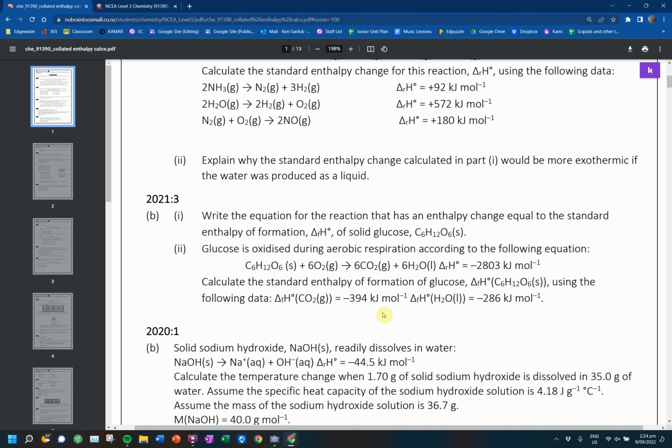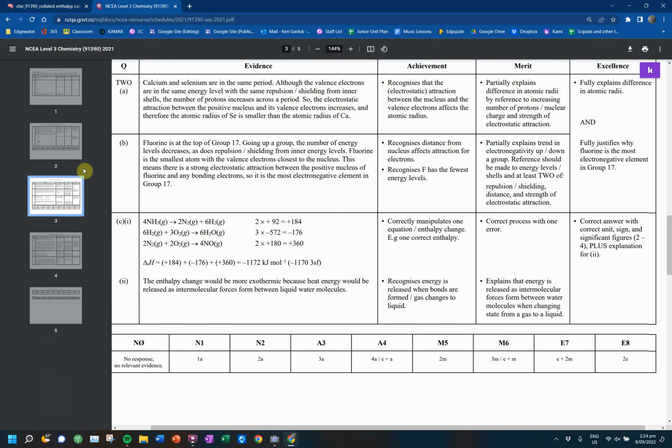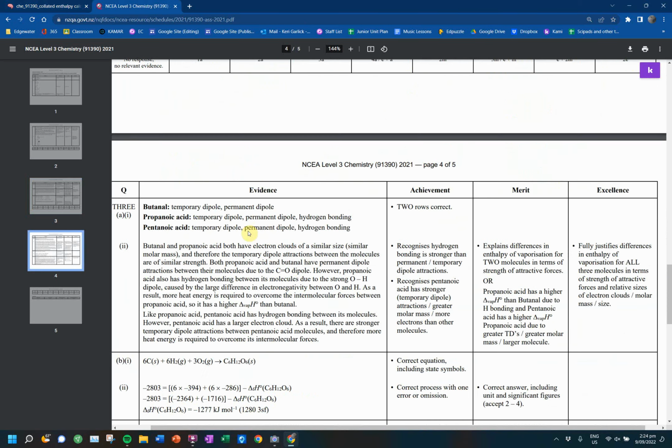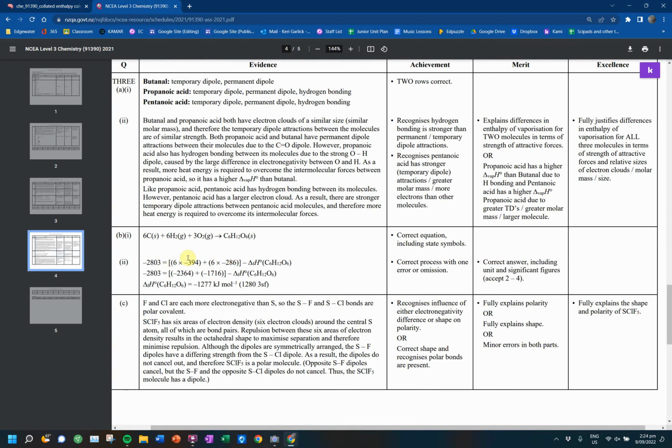So you could use that shortcut for this one here if you wanted to. And if we're looking at the marking schedule, you see how they have done the shorthand version here too. So they've just put in what's reactant, what's product, and they put in how many times you're multiplying it by. You don't need to worry about switching signs or anything because it's already built in with the way the equation's set up. So don't worry about flipping anything.